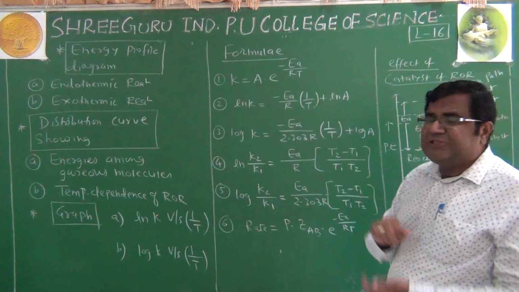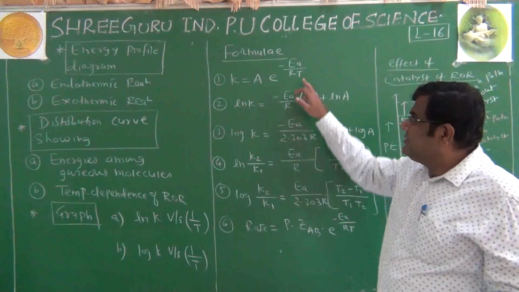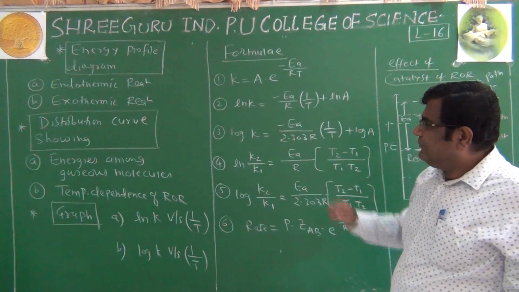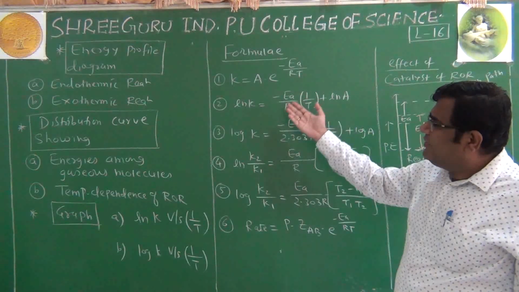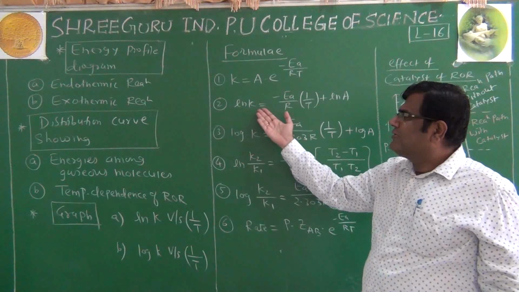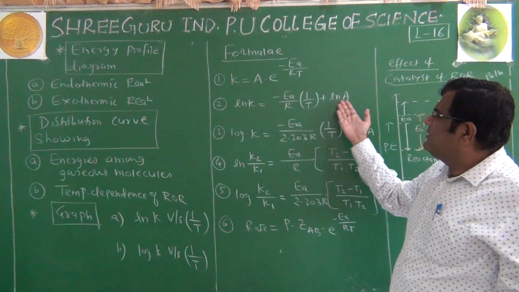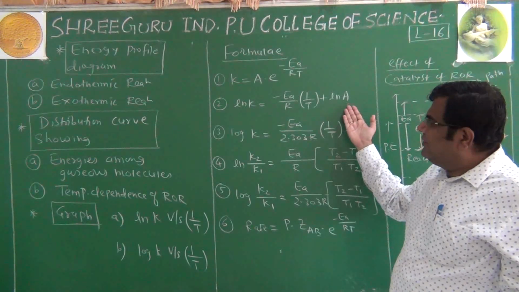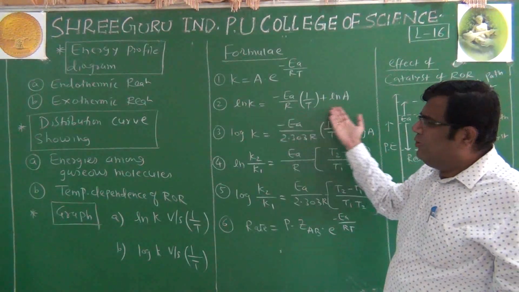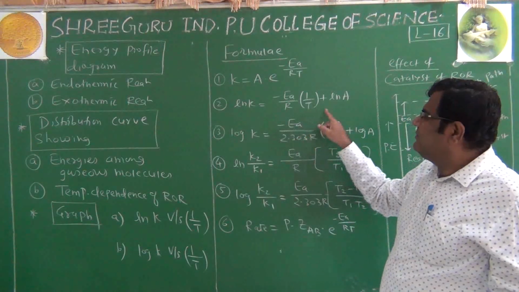Ea is activation energy, R is the universal gas constant, and T is the absolute temperature. We can convert this equation into this form: natural log of rate constant equals minus Ea by R into 1 by T, plus natural log of A. This equation follows the straight line equation, y equals mx plus c.